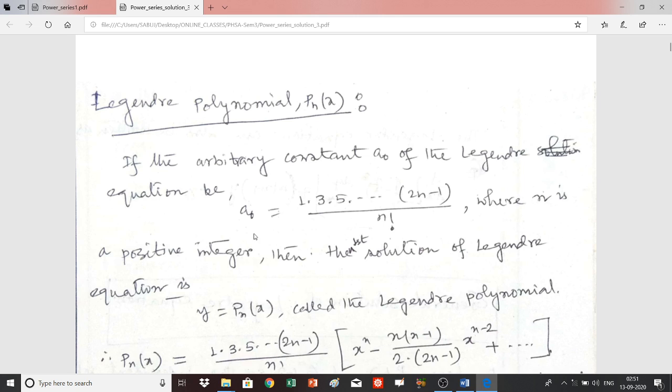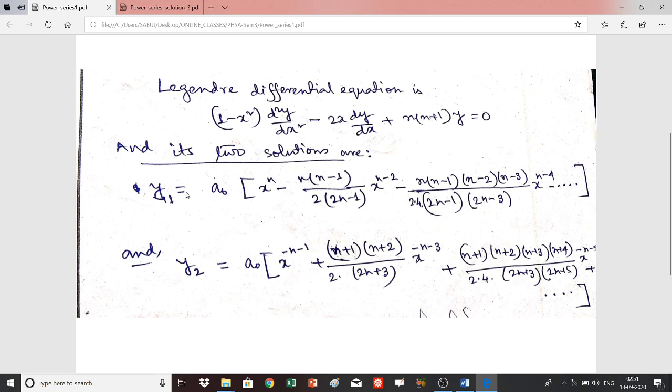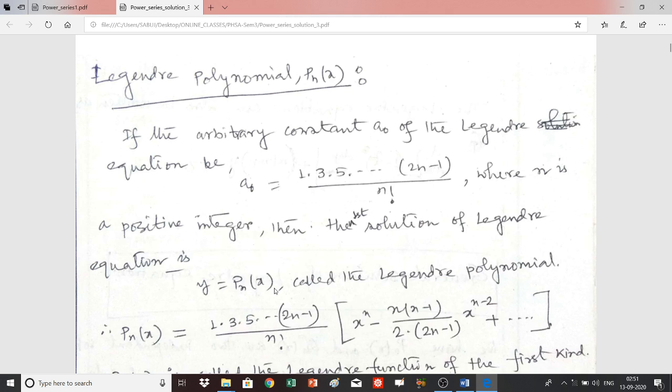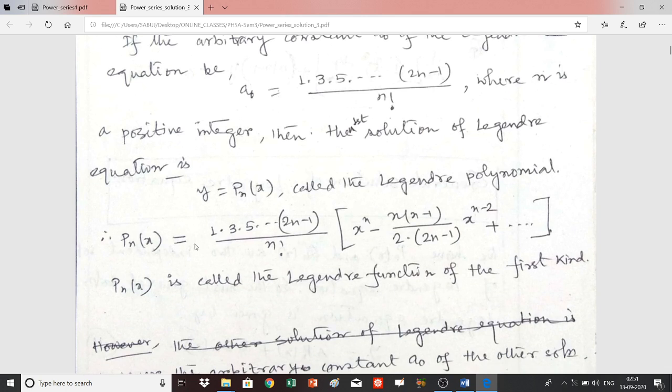Therefore we can write the first solution y1 equals Pn(x). So Pn(x) equals 1·3·5 dot dot dot (2n minus 1) by n factorial into x to the power n minus n(n minus 1) by 2(2n minus 1) into x to the power n minus 2 plus other terms.